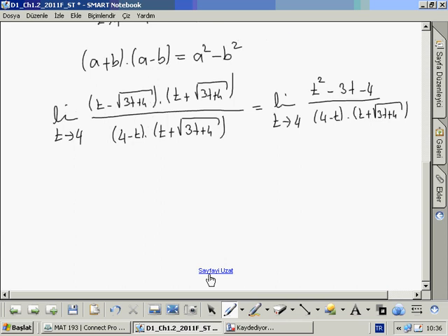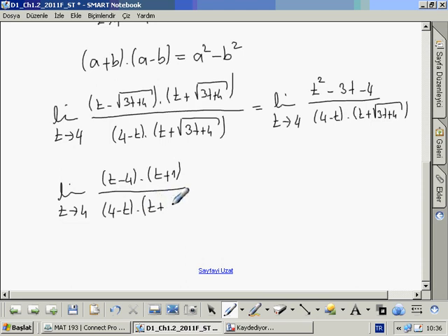You can factor the numerator like that: the limit as t goes to 4 of (t minus 4) times (t plus 1) over (4 minus t) times (t plus the square root of 3t plus 4). These parts will cancel but remain minus 1.